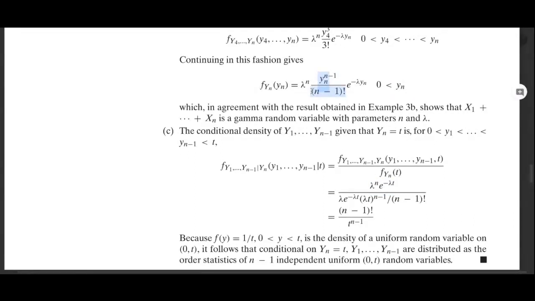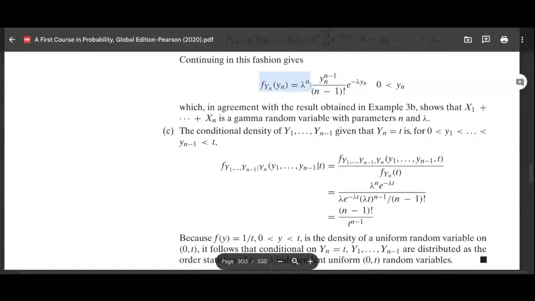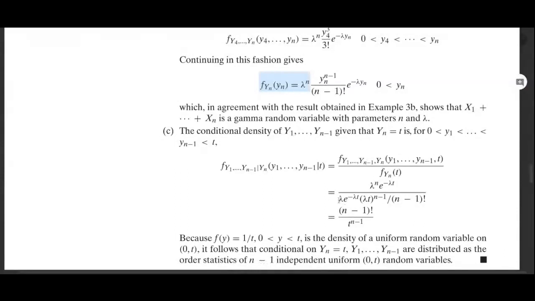Lambda raised to n. So that means this one just equals 1. Yeah, because 1 minus 1 is 0, right? y raised to 0, that's just 1. So take this. Then the denominator is f of yn at t, which is this guy, just with yn to be t, which is this.